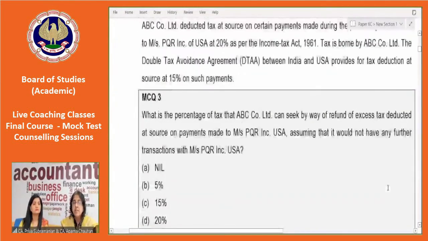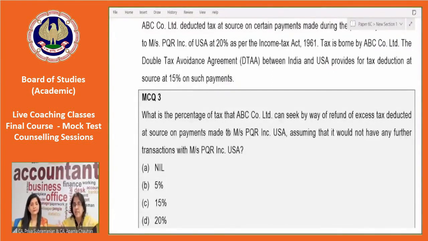In this case, both pieces of information are given. The information relating to taxes borne by ABC Company Limited is given in the facts, whereas that it does not have any further transactions with PQR in USA is given in the question itself. So information can be anywhere in the case study. So what is the percentage for which you will get a refund? You can't claim 20% or 15%.